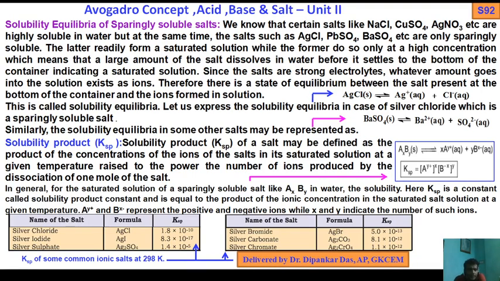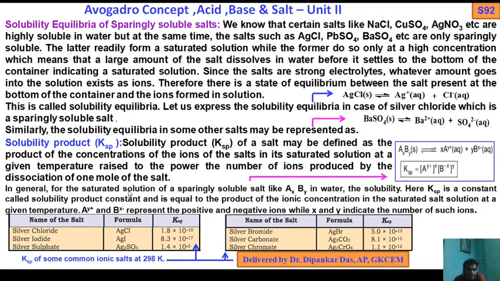Again I repeat, it is the product of the concentration of the ions in its saturated solution at a given temperature raised to the power the number of ions produced by the dissociation of 1 mole of the salt.